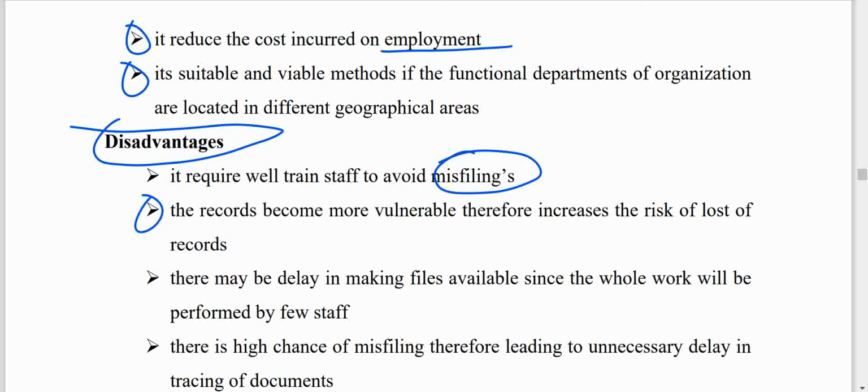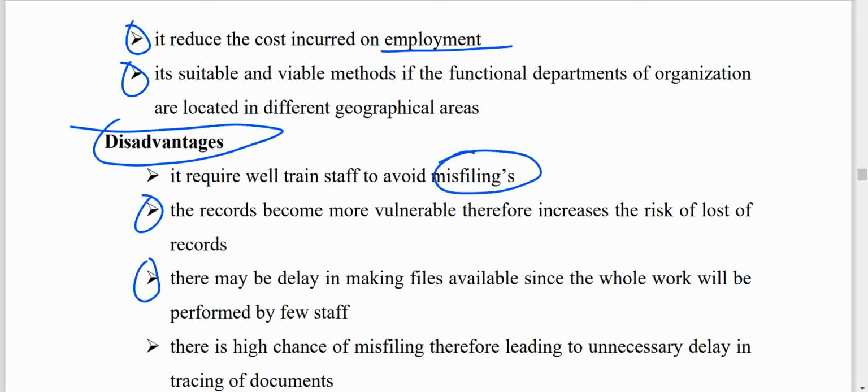So the risk of the records getting lost and being damaged is very high. When something becomes vulnerable, it simply means you can be a victim of whatever the context is.